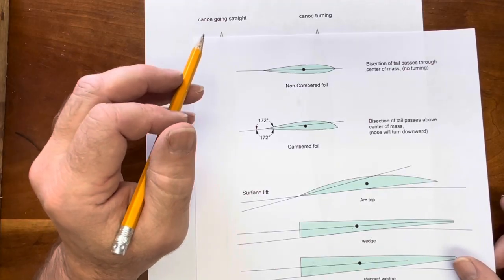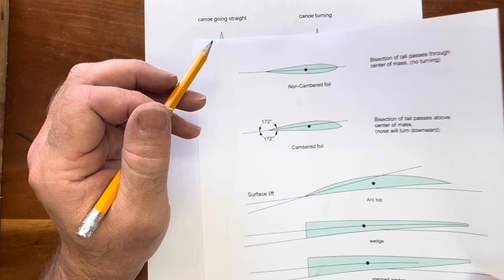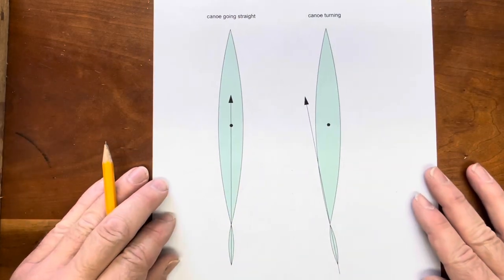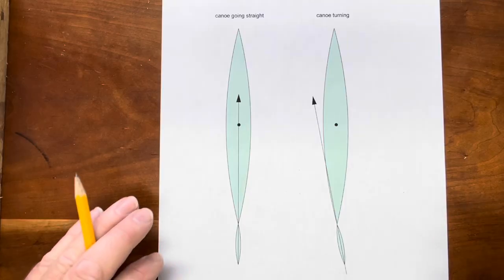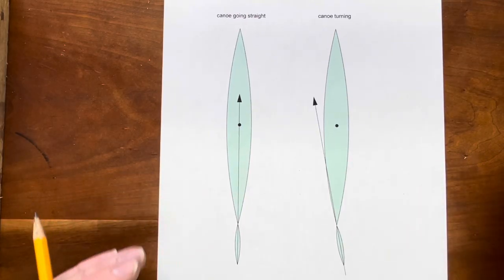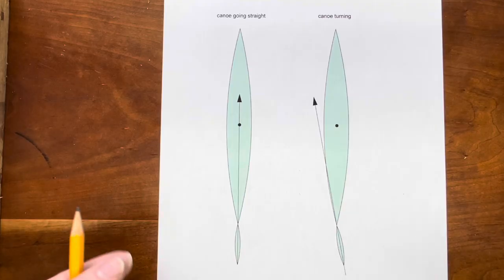That's all valid, but there's another way of looking at it, and that is to look at the direction at which the fluid is leaving the transom or the rear edge of a foil or a boat or any object that's flowing through a fluid, like a fish.